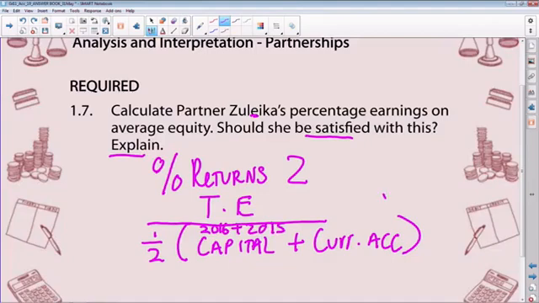We then multiply whatever answer we get by 100 because we want our answer to be a percentage. So that's my formula, and I'm now going to go to the information sheet so that you can calculate the ratio. Okay, guys, let's give you 2 minutes to do this calculation. Your time starts now.